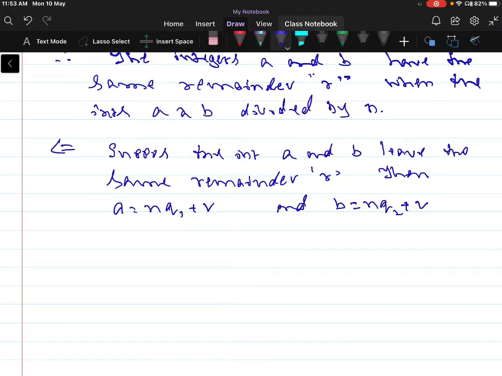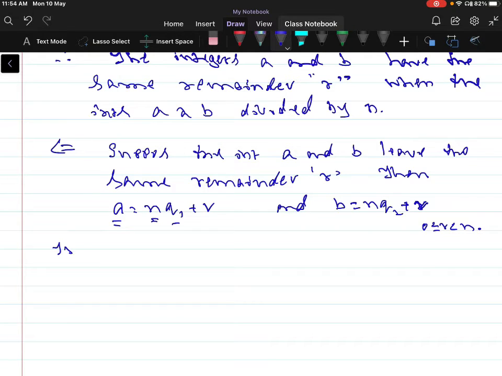Here you can observe that when a is divided by n, there exists a quotient integer q1 and remainder r, and when the integer b is divided by n, there exists an integer q2 with the same remainder r, where 0 is less than or equal to r less than n.